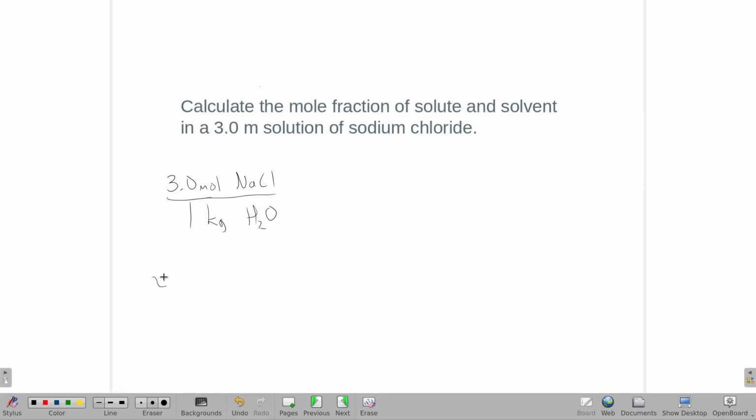So mole fraction of the sodium chloride, what's going to be on top? The moles of the sodium chloride. And on the bottom is the moles of both. We need to convert that into moles. So I'm going to start by changing it into grams, and then I'm going to convert it to moles with the molecular weight of water.